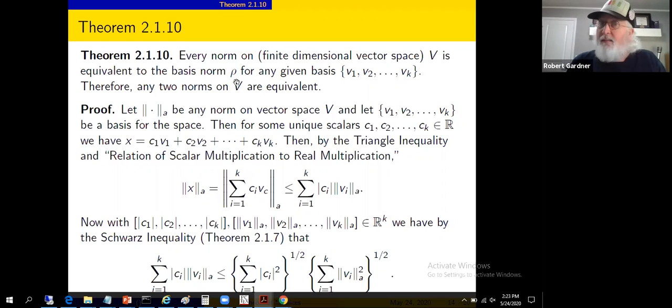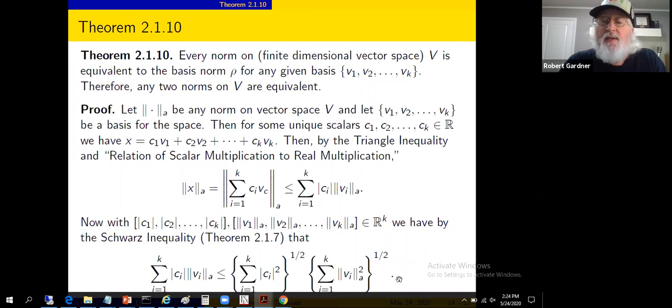We're denoting that basis norm as rho. Here's rho of x. So what we have is the A norm of x is less than or equal to this quantity, which is less than or equal to this, which is rho of x, times this.